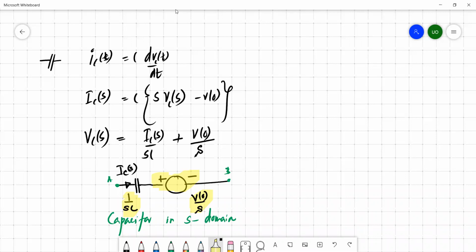If it is a capacitor, you can simply replace the capacitor in a time domain circuit using this S domain model.